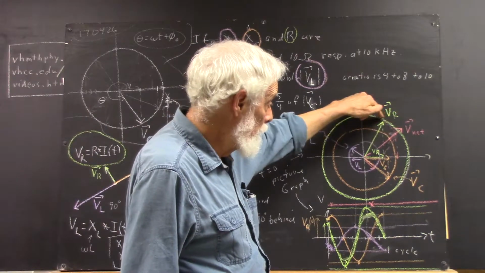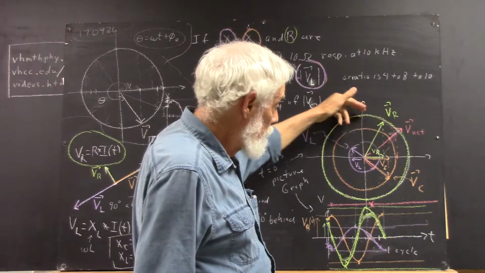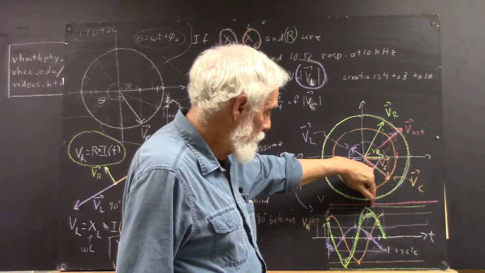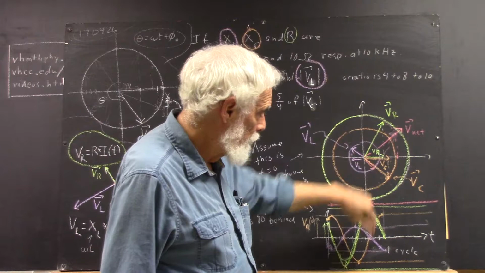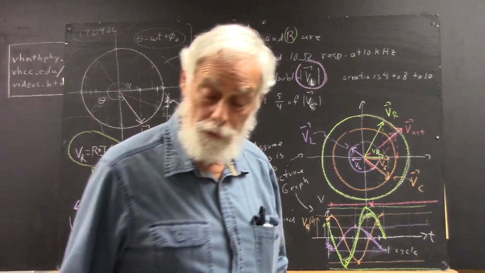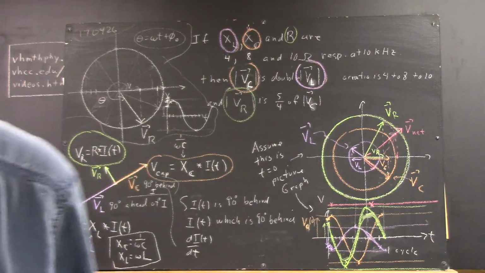In this case, the V net's back here, so it's a little bit behind the V sub r vector. So it peaks a little bit later. It'll peak right here. Well, let's take a look at that, and let's look at the graph just a little bit more.